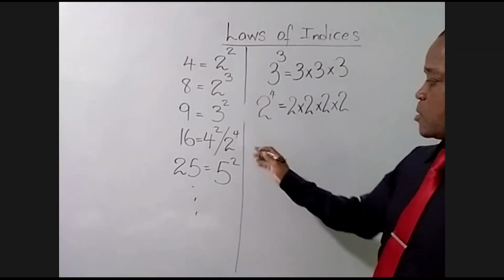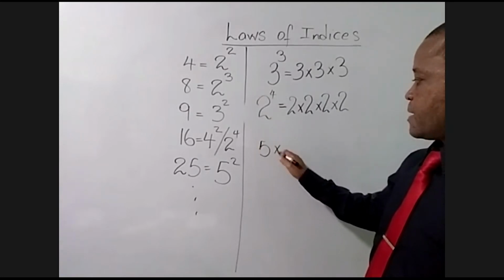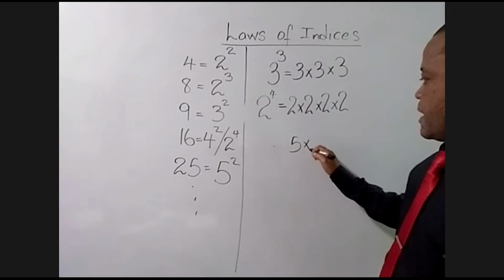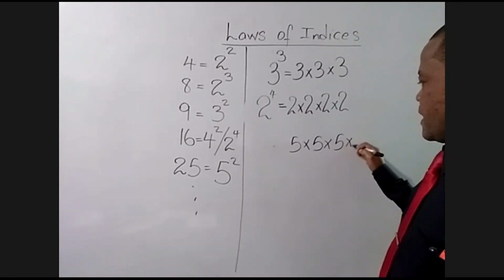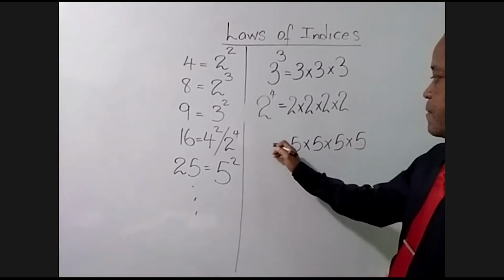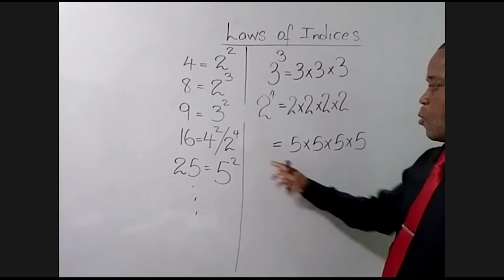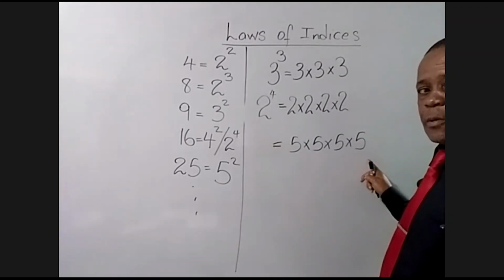Now, what if I should give you, say, 5 times 5 times 5 times 5. Now notice, we write it out like that. What would have been the index form of this particular number?